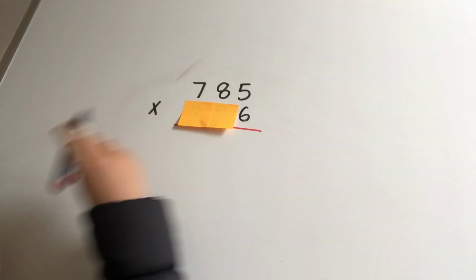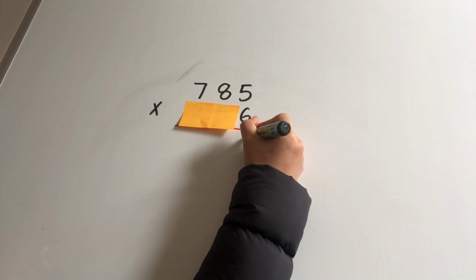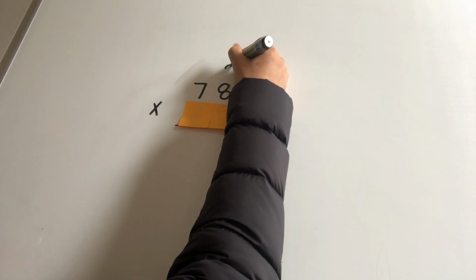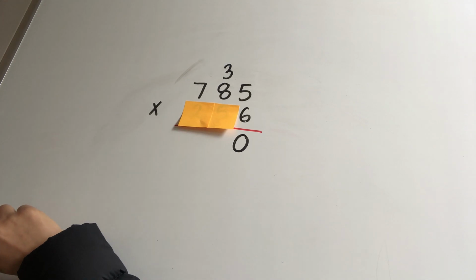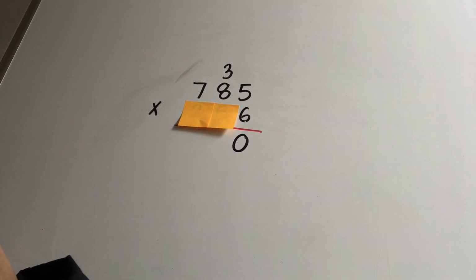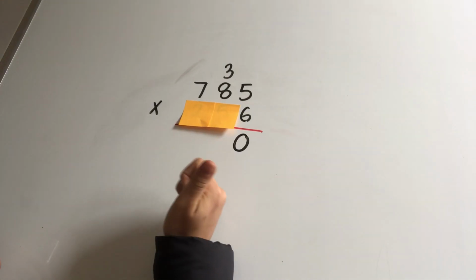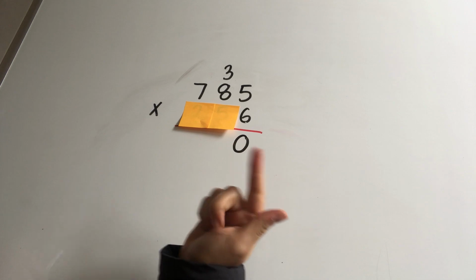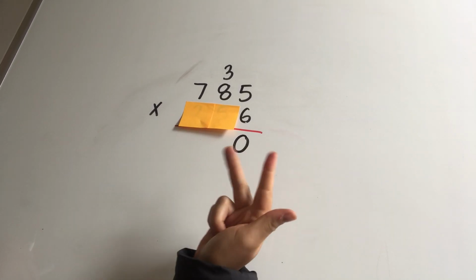So 6 multiplied by 5 is 30. So we rename it 0 ones, 3 tens. 6 groups of 8. So these ones are a little bit trickier when we start to use our not so common facts. So here I'm going to count by my 6 times tables: 6, 12, 18, 24, 30, 36, 42, 48.